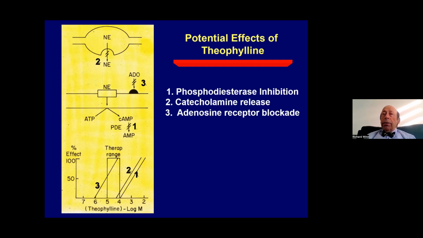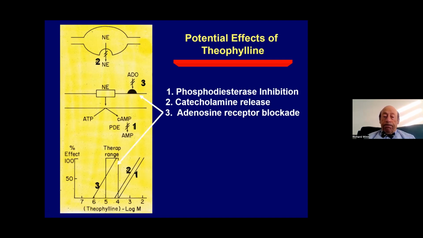And the methylxanthines have three effects. They're phosphodiesterase inhibitors. They cause the release of catecholamines from the brain, but that occurs at much higher doses than the third action of methylxanthines, and that is adenosine receptor blockade, which occurs at below 10 to the -4.